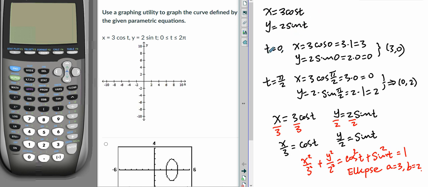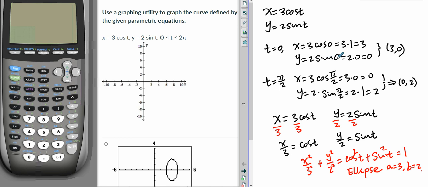When t is 0, you plug in 0 here, you have 3 times cosine 0. Cosine 0 is 1, not 0. So you have 1 times 3 is 3 for the x coordinate. And you plug in t equals 0 here, you have 2 times sine 0.